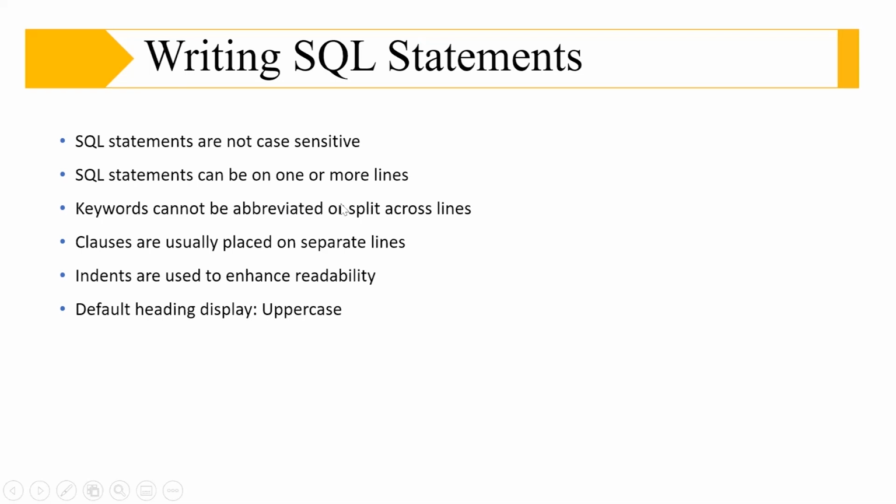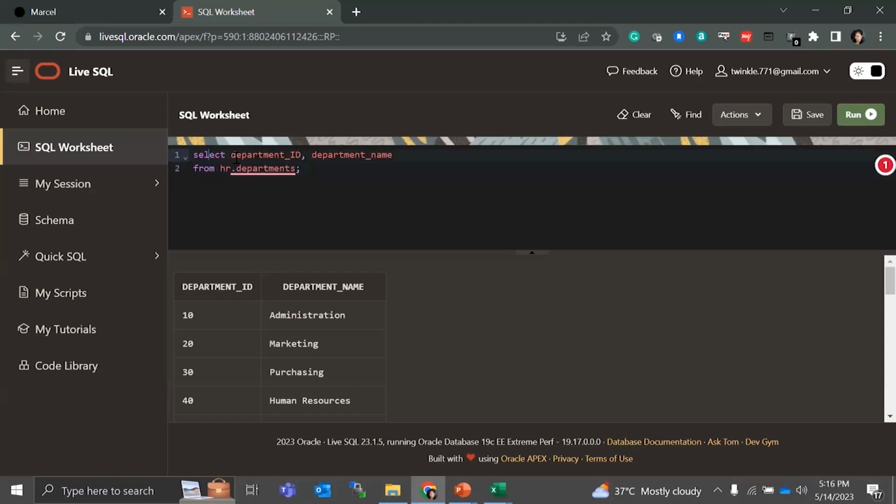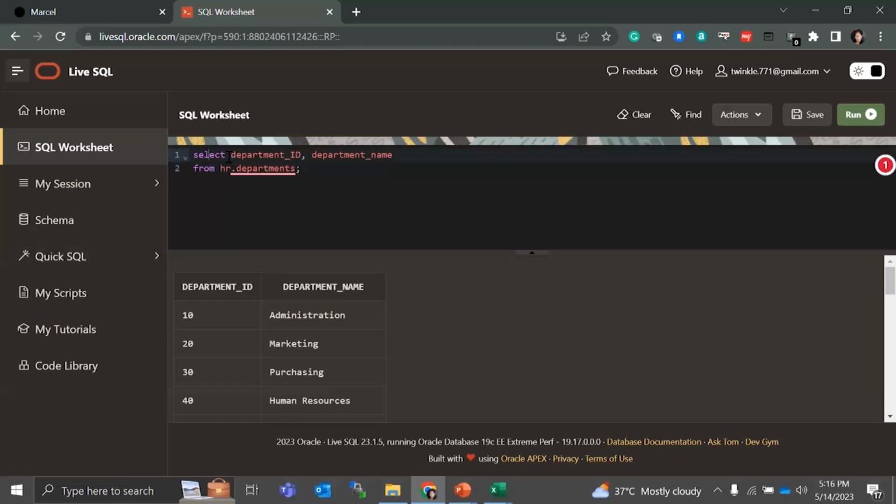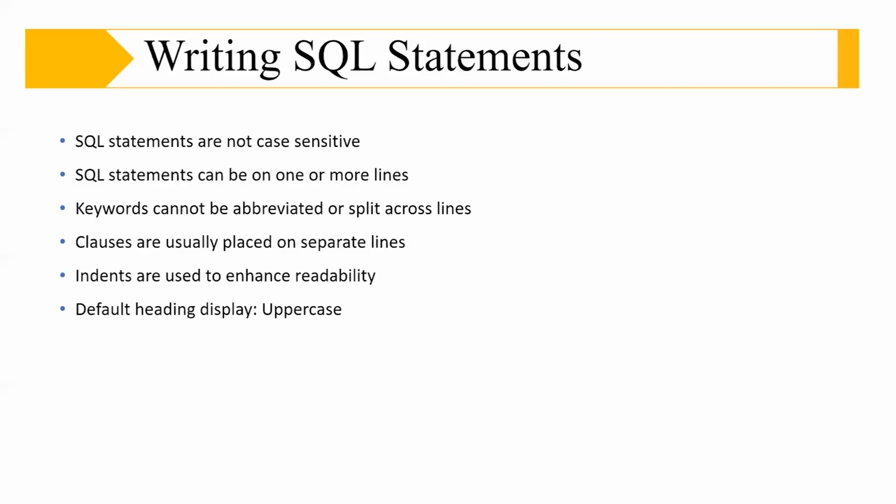Keywords cannot be abbreviated or split across lines. What does it mean? I can't put a space and split this keyword, because select is a keyword, right? You can't put SEL and in the next line ECT. This is wrong.